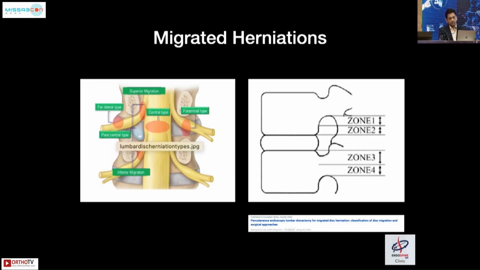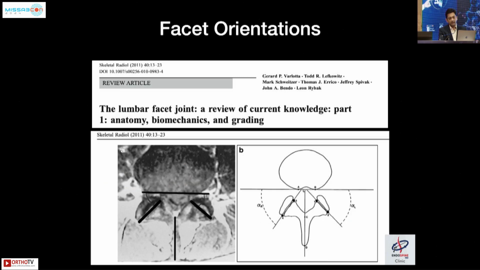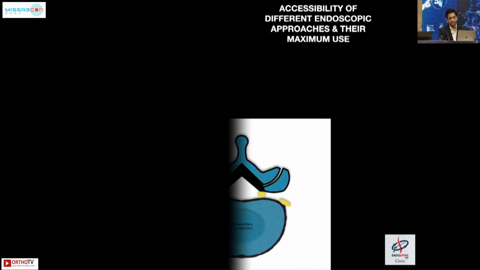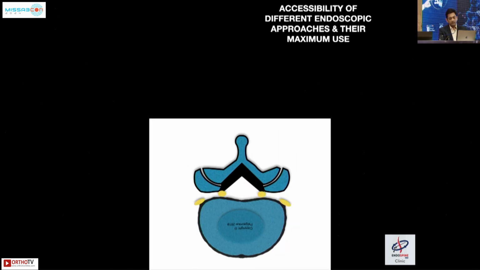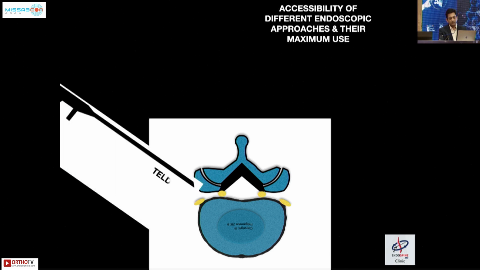We also see the anterior pathology, whether it's an up-migrated or inferior migrated disc herniation. We normally look at the facet joint orientation as well, whether it's a vertical facet or a horizontal facet. We all know that 360-degree decompression is possible with the full endoscopic approach. With the transforaminal approach, we can handle the extraforaminal, foraminal, paracentral herniation or the central components.